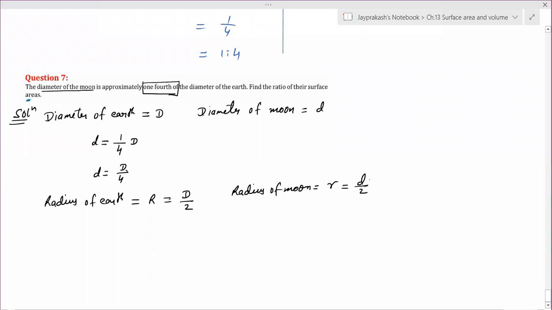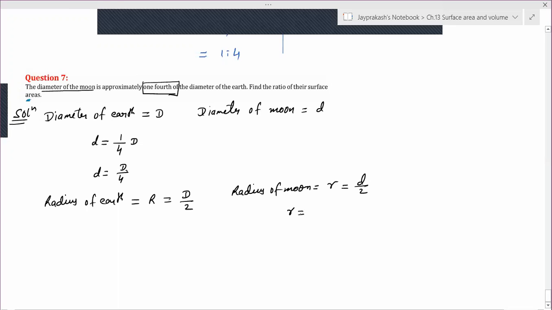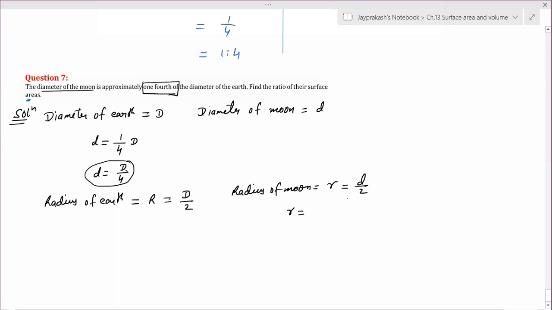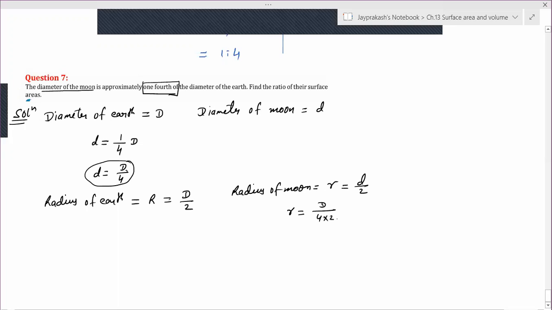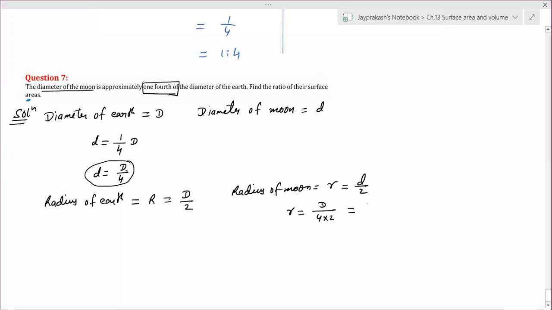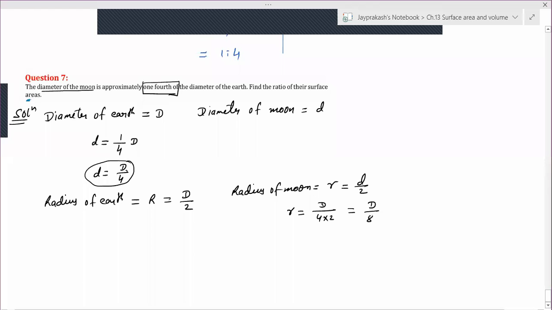But here we need both the radii in capital D or either in small d. So now in the place of small d, we are substituting D by 4. So D by 4 into 1 by 2. So radius of moon is D by 8.